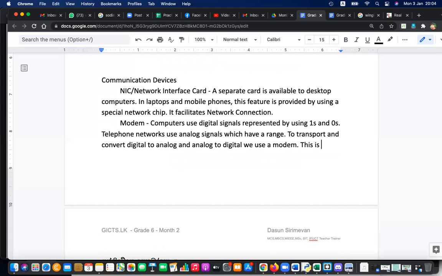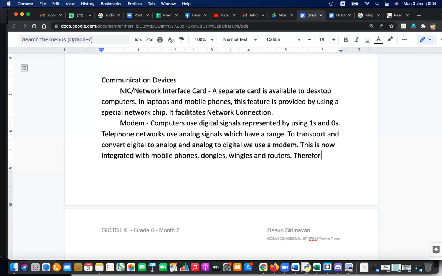This is now integrated with mobile phones, dongles, wingles, and routers.